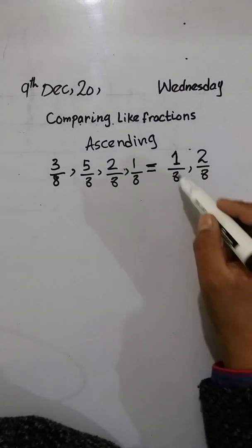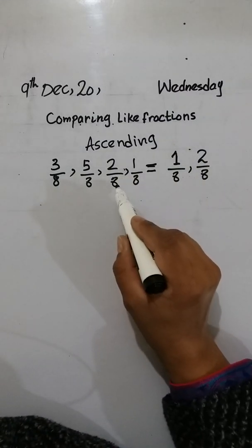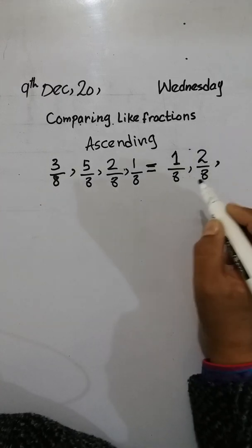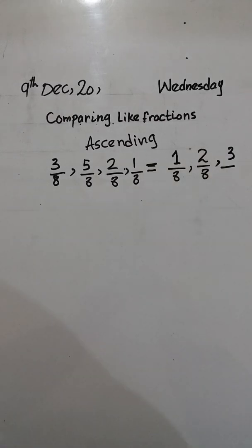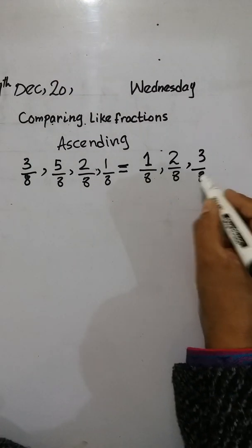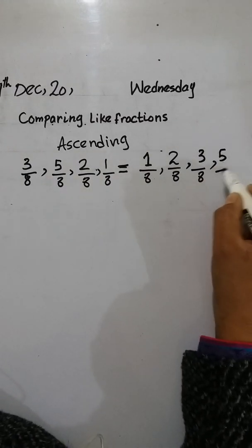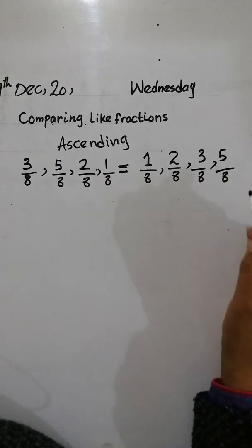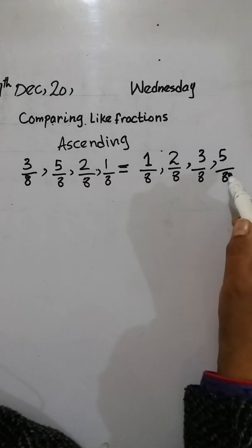So 1 by 8 is the smallest. 2 by 8 we will write second. इसके बाद next one you will write 3 by 8. Okay guys, write 3 by 8 and then 5 by 8 at the end. 5 by 8 जो है वो सबसे बड़ी है.